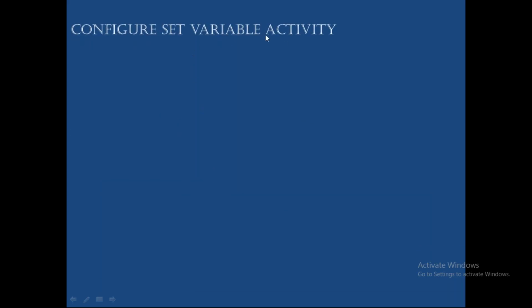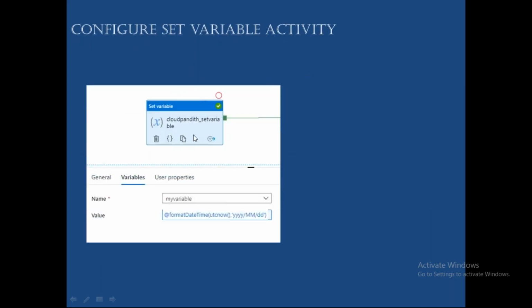Let's see how to do the set variable activity configuration. This is the set variable activity. You need to define the variable at the pipeline level. Once you define a variable at the pipeline level, that variable will show here. To this I'm saying format date time UTC now, which generates the current UTC date, and it is going to return it in this particular format: yyyy/MM/dd.